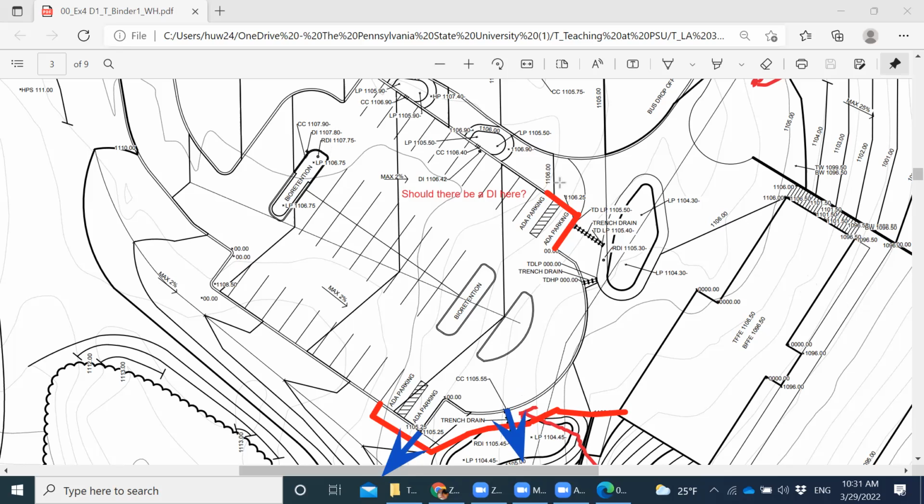Well, the lowest point, again, is somewhere over here. To put ADA a little bit far away, that's not a perfect solution. Is there any other better solution?